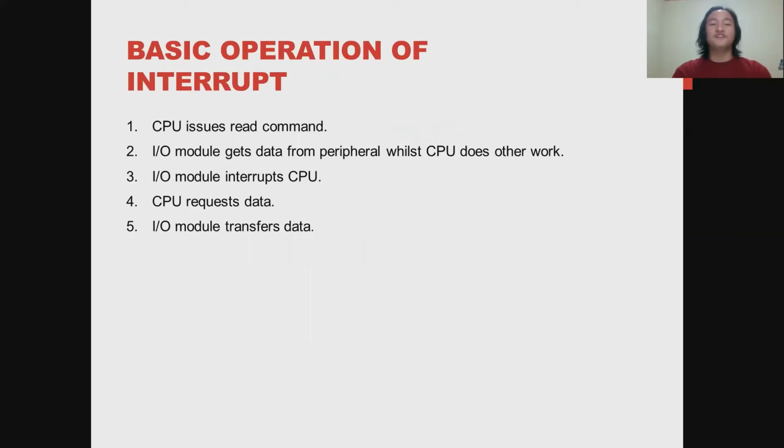Basic operation of interrupt. First, the CPU issues a read command. Second, the input-output module gets the data from the peripheral, while the CPU does other work. Then the input-output module interrupts the CPU, the CPU requests the data, and the input-output module transfers the data.